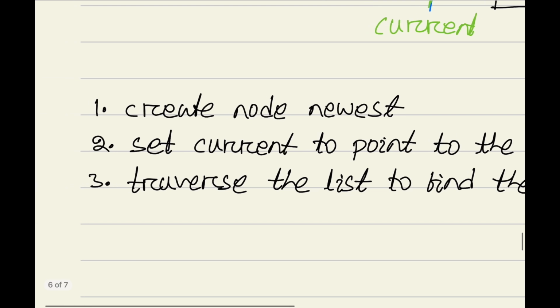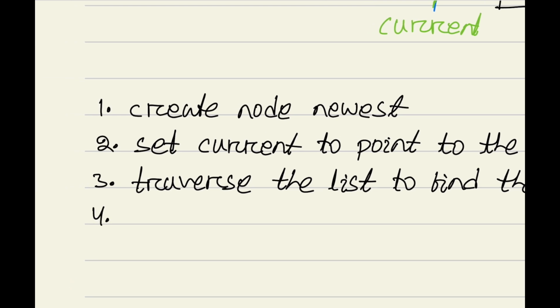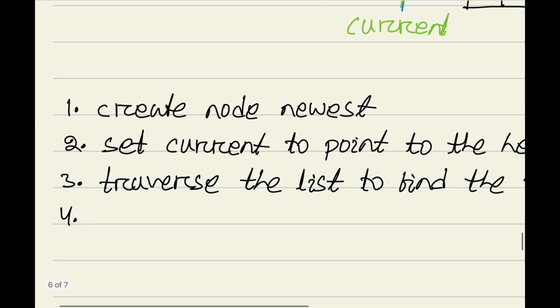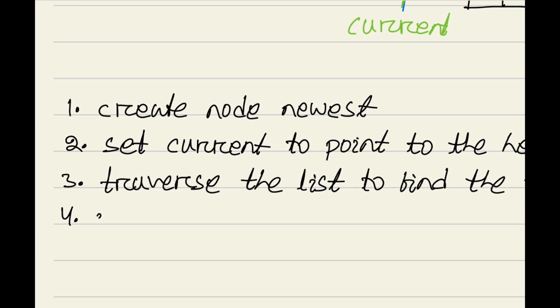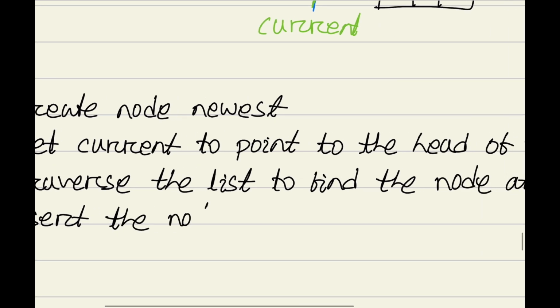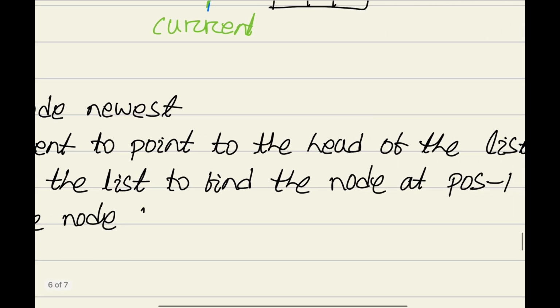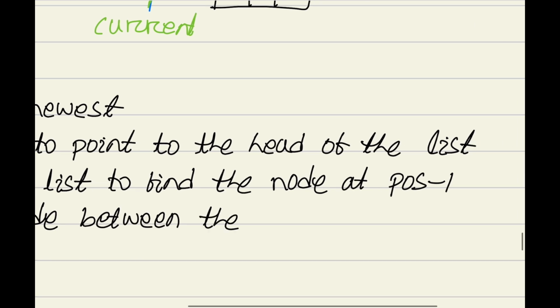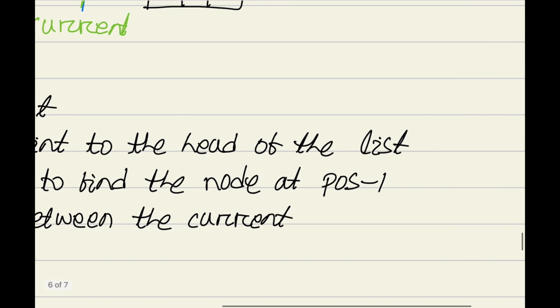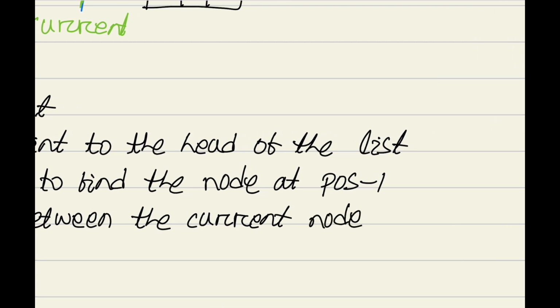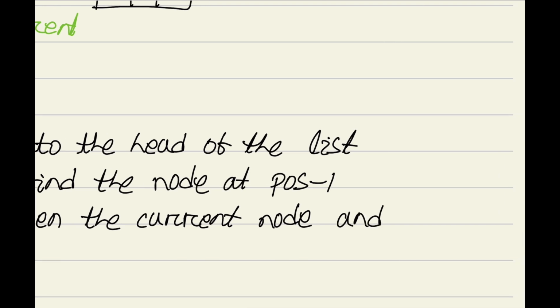Now what is step 4? In step 4 we can write insert the new node between the current node and the next node. Now the current is at position -1. So between the current node and next node.